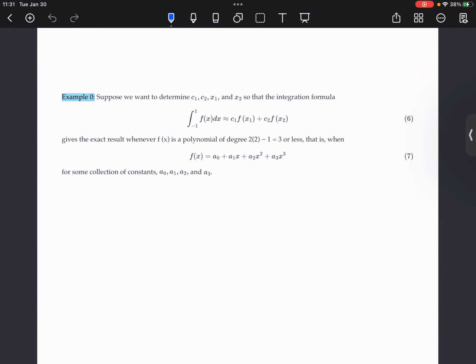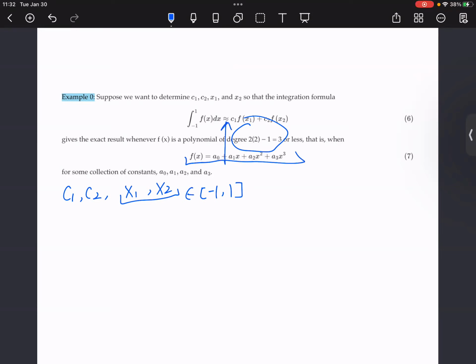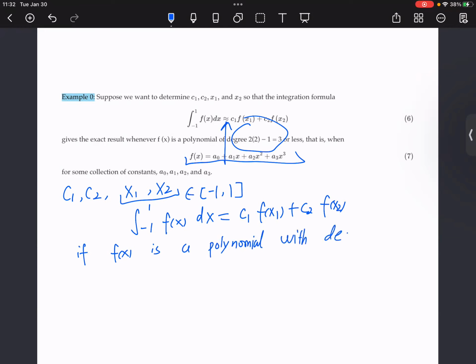So we are going to derive C1, C2, x1, and x2, and these nodal points are between -1 and 1, because we are integrating on -1 to 1. With degree of precision 3, if we plug in the function, the integral of f(x) dx should equal C1 f(x1) plus C2 f(x2) if f(x) is a polynomial with degree 3 or less.